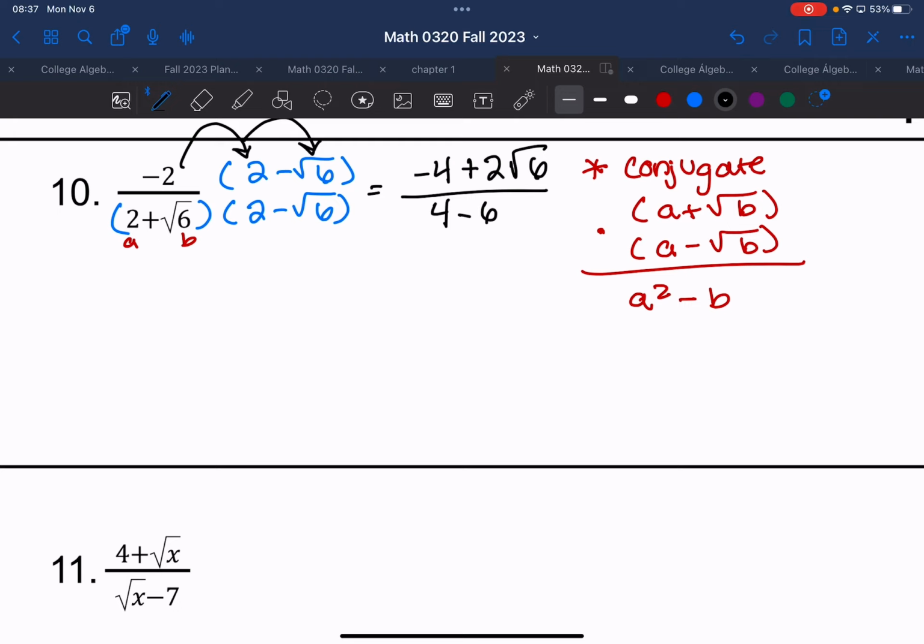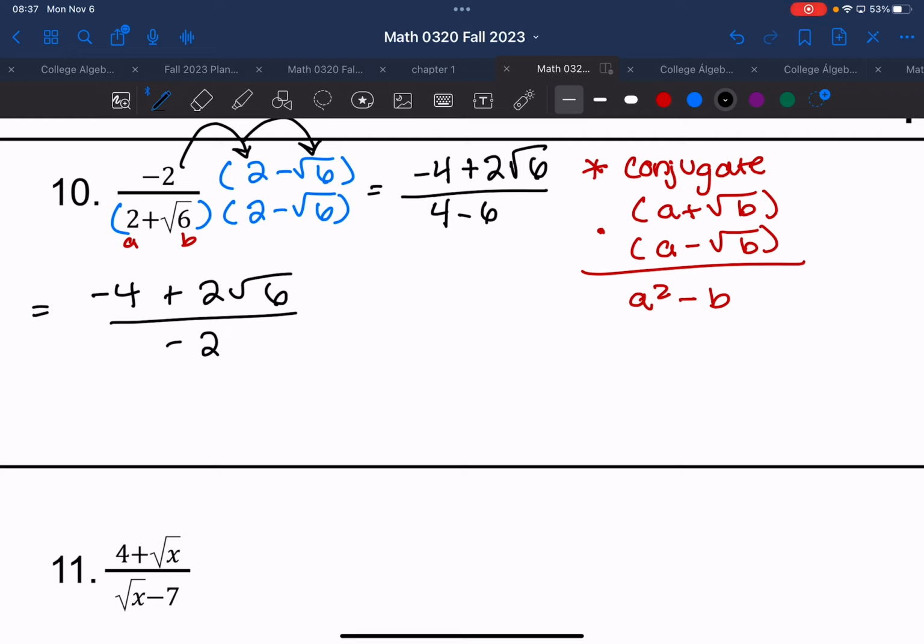Okay. Now we simplify. So we have this 4 minus 6 on the bottom, and that becomes what? Negative 2. So we have negative 4 plus 2 square roots of 6 over negative 2.